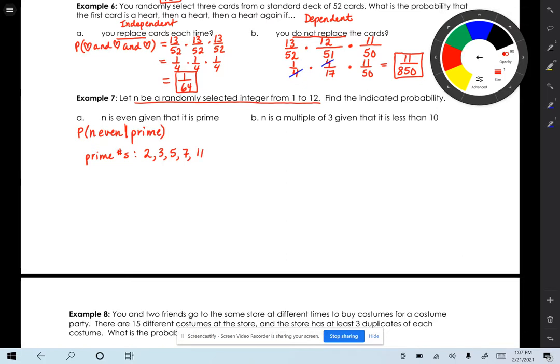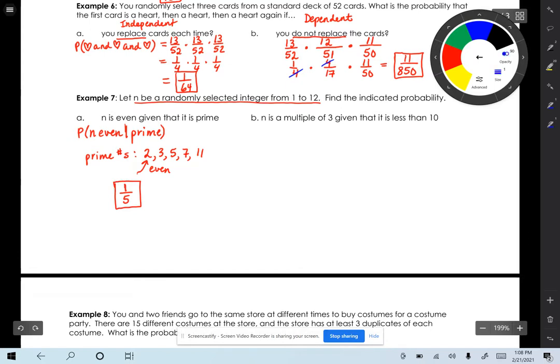So those are your 5 prime numbers. Out of that, the only one that's even is this one. So your probability is 1 out of 5. The reason why is the numerator is that it's both prime and even, and the denominator is that it's prime. So that is your answer.